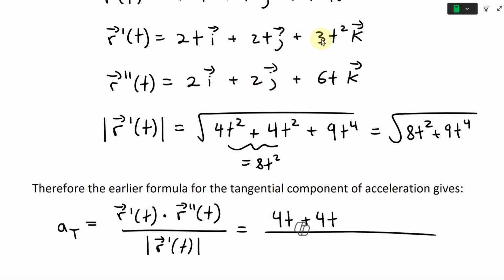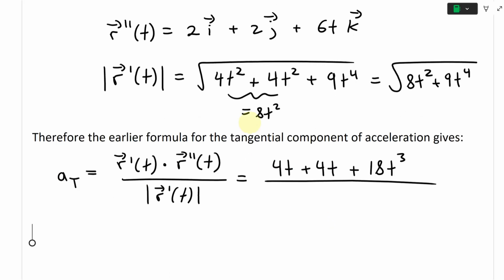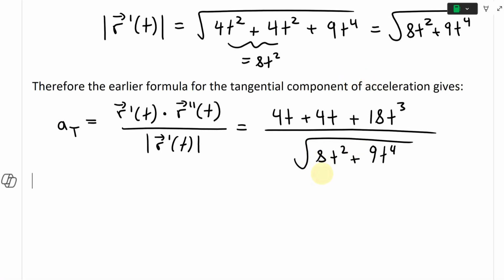Lastly, 3t squared times 6t is 18t cubed. And then 4t plus 4t equals 8t. Then the divisor over here is the square root of 8t squared plus 9t to the 4. We'll put this together now.